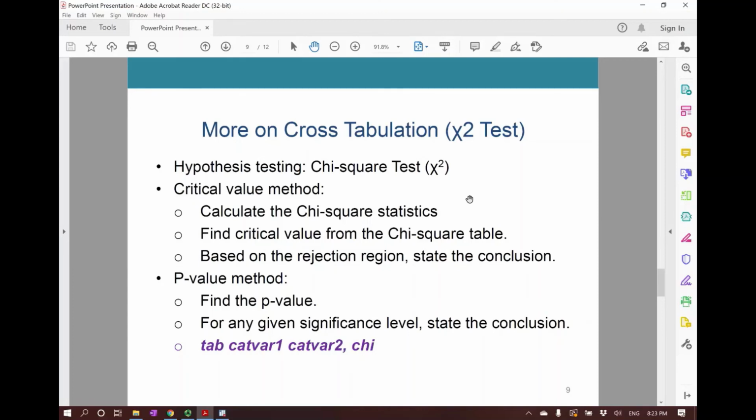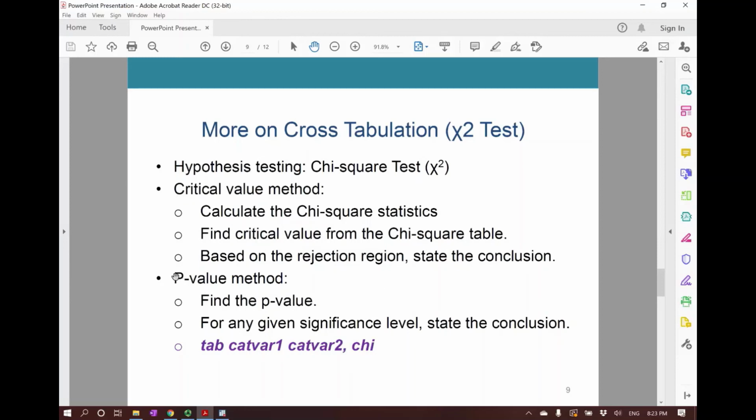But because it has a chi-square distribution, we're going to calculate a test statistic that is called a chi-square statistic. Okay? And then we're going to find the critical value from the chi-square table. By comparing the chi-square statistic and the critical value, we can look at the rejection region and state the conclusion. So exactly the same idea for any hypothesis testing.